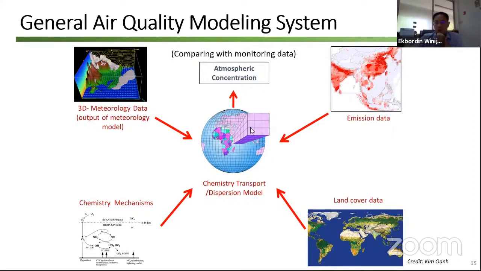So again, I would like to emphasize that for the air quality model, we need to have emission data or an emission inventory. We need to have the modeling system, and then we need to have monitoring data. So these are the three tools that we usually use in air quality management, and also use as the input for air quality modeling.